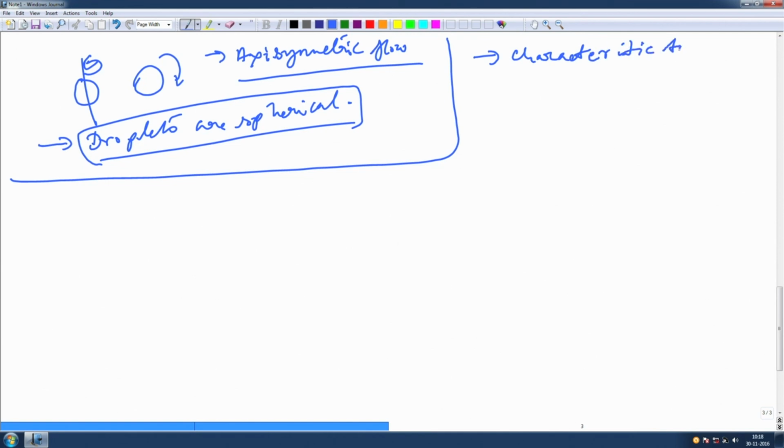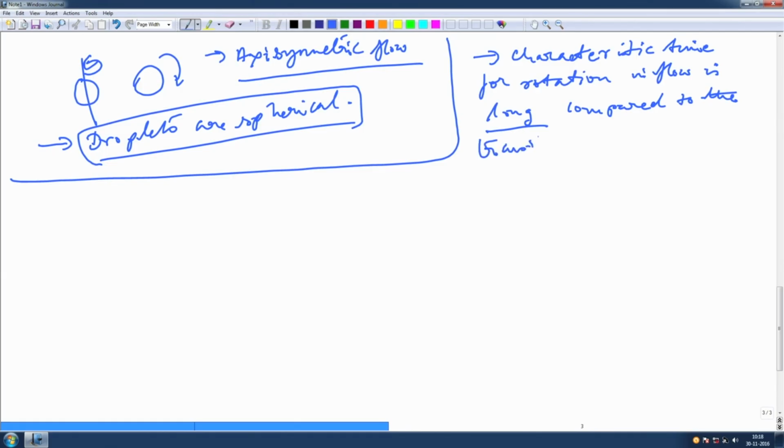The characteristic time for rotation in flow, right, is long, and I highlight the word long, compared to the transit time of a gas parcel around the droplet.